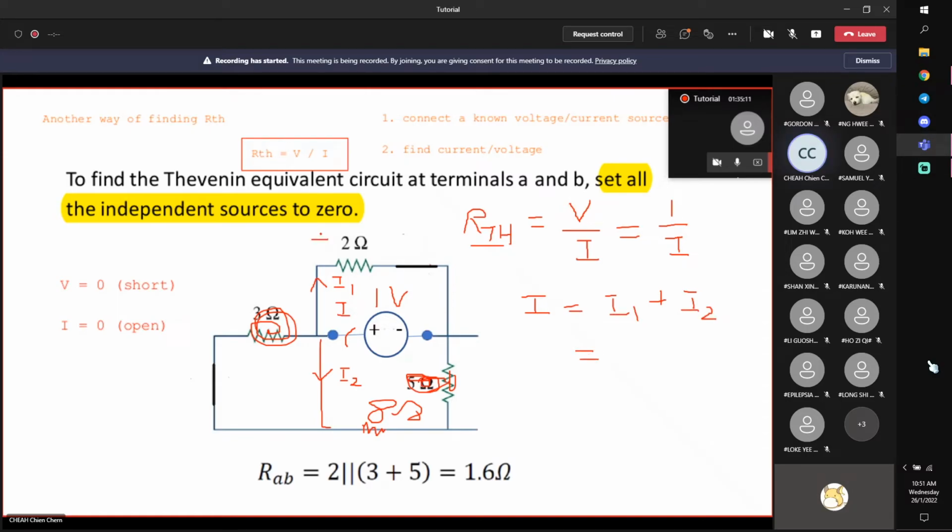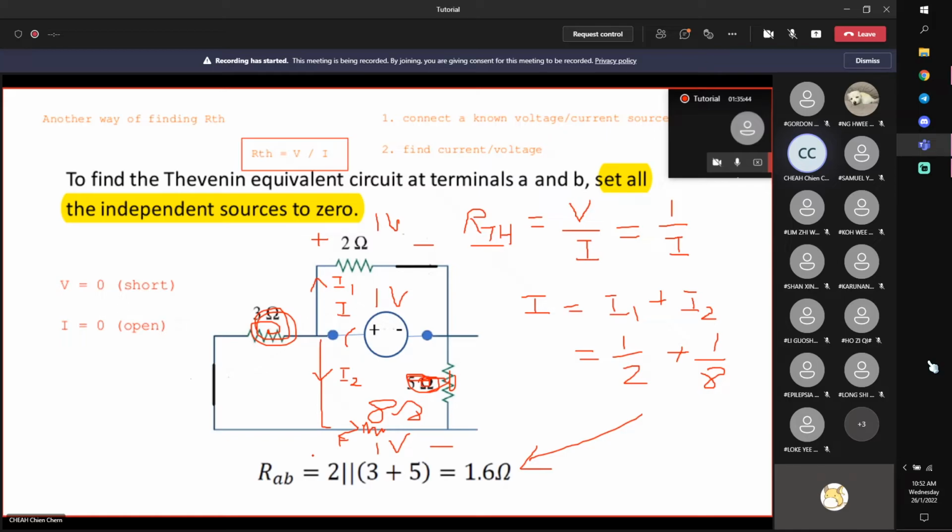Now 1 volt is applied across the 2 ohm resistor, so 1 volt divided by 2 is I1. And 1 volt is also applied across my 8 ohm resistor, so 1 volt divided by 8. You can see that this is exactly like adding up the conductance, and R_TH is 1 over I, which is exactly 1.6 ohms.